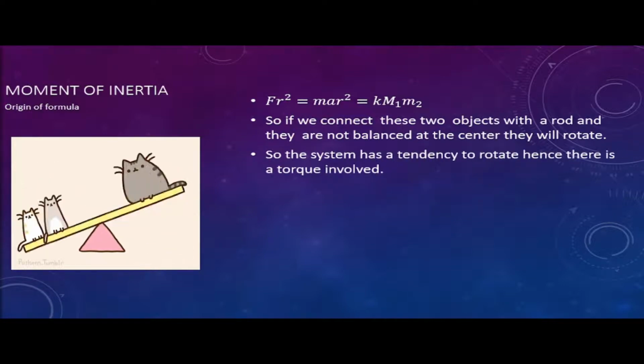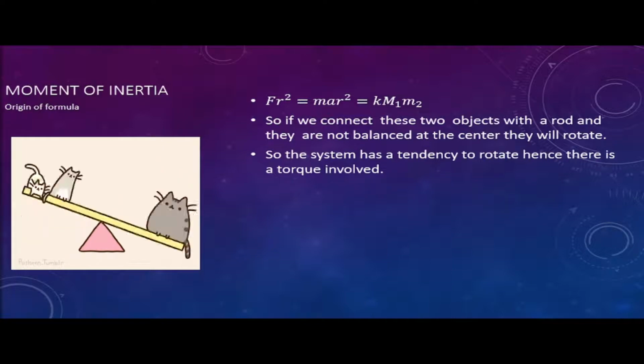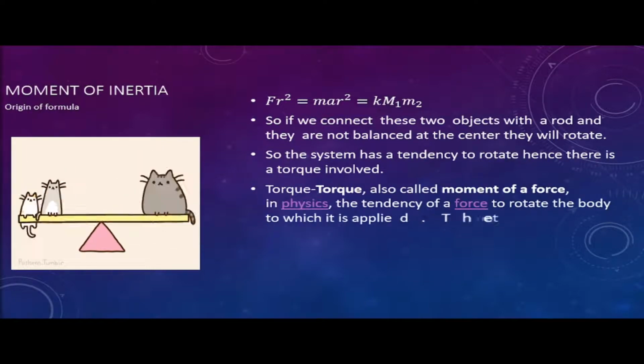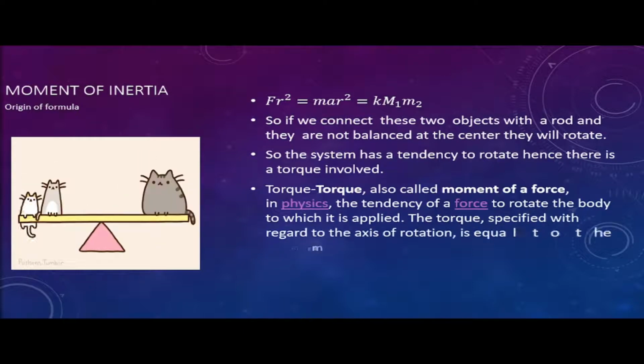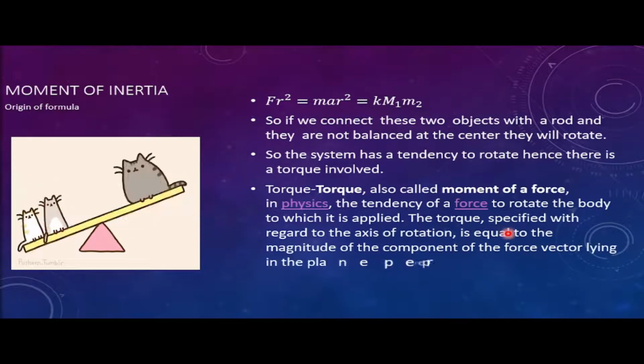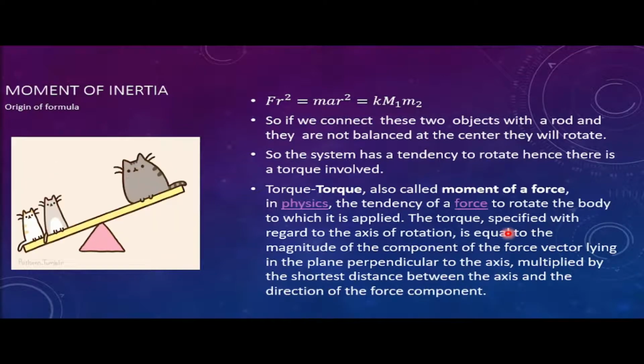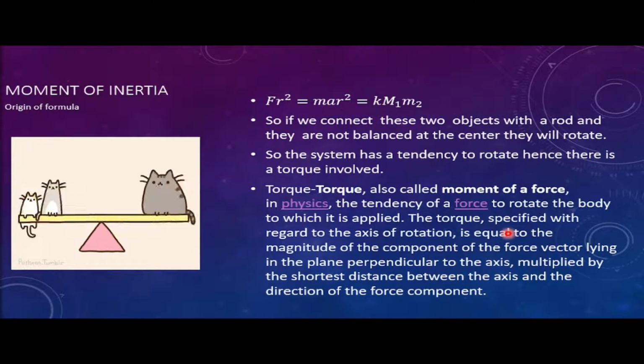And torque is involved in this kind of system. We can define torque as the moment of force that tends to rotate the system, or has the tendency to rotate the body to which it is applied.